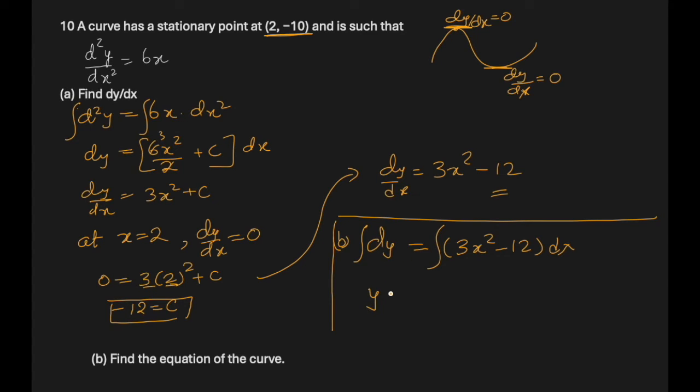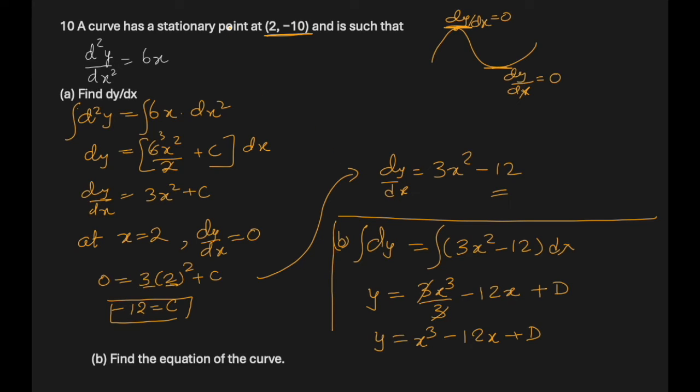So y is the integration of dy, and this one will be 3x cube over 3 minus 12x plus new constant, call it d. 3 and 3 cancel, and we need d. Y equal to x cube minus 12x plus d.